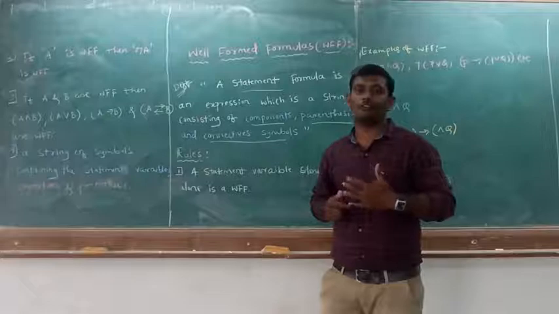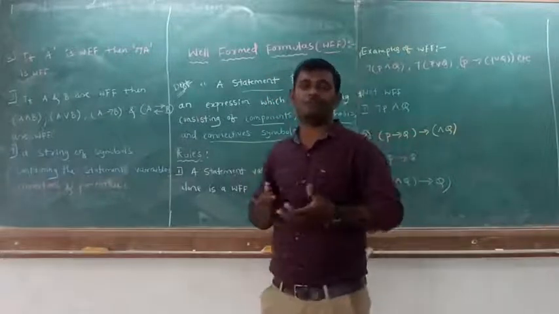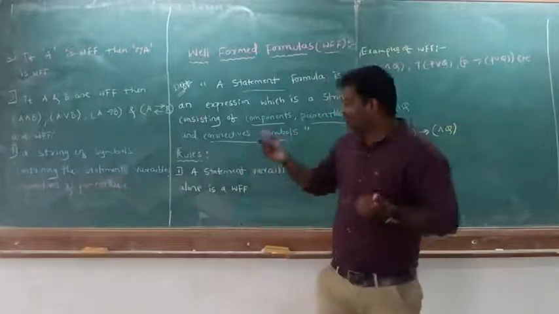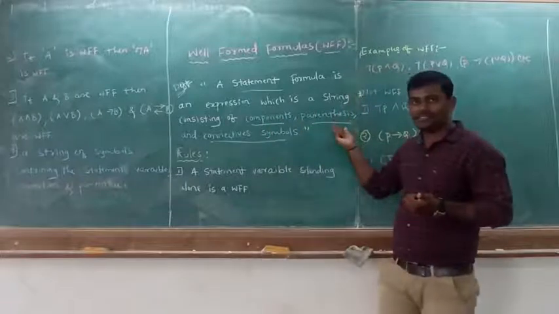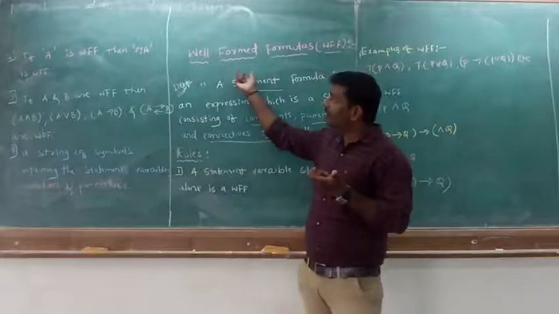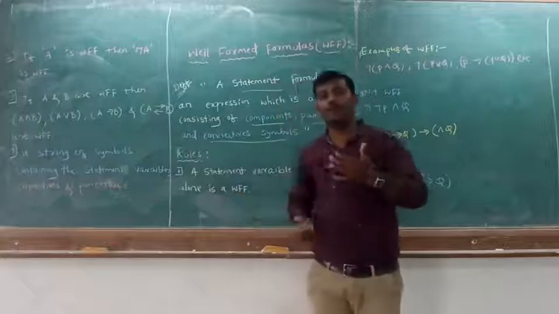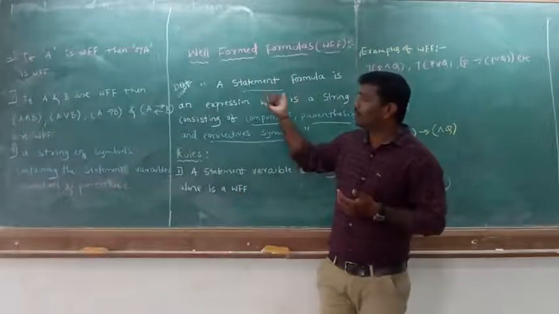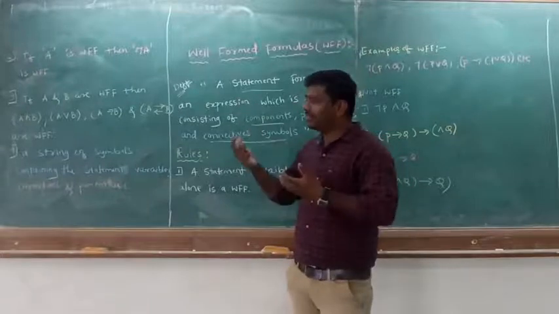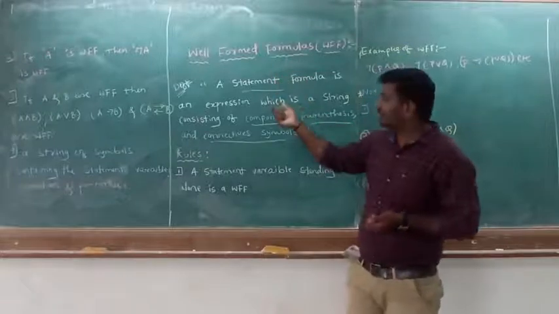So a well-formed formula is a statement formula, a string consisting of primary statements, parenthesis and connective symbols. And there are rules on how to write the statement formula in the form of a well-formed formula.